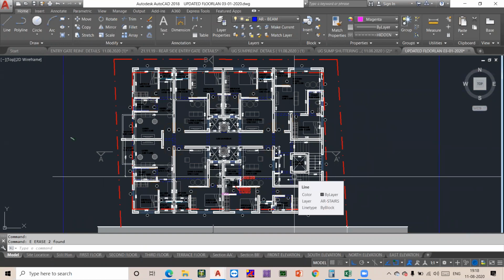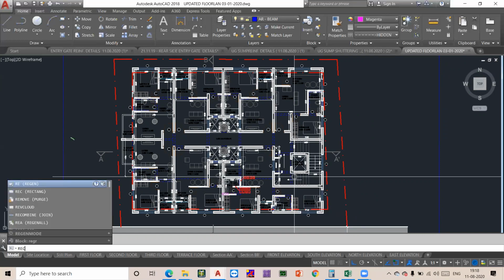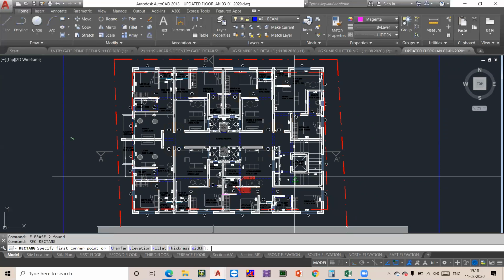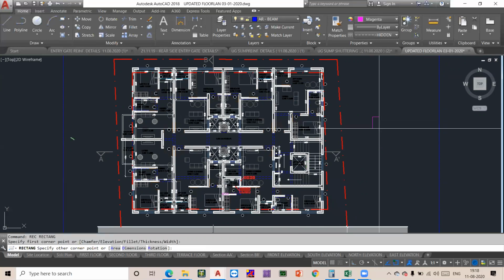Guys, as I said, the minimum column dimension we will be assuming to start with is 200 by 450, and we are first drawing a column. As you guys can notice this command box, what are all the commands I am using.